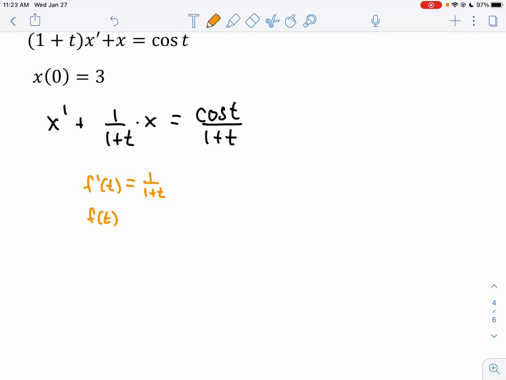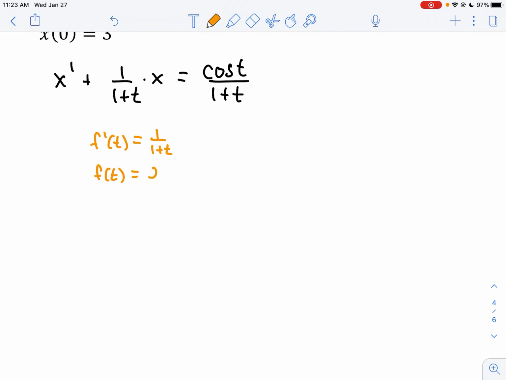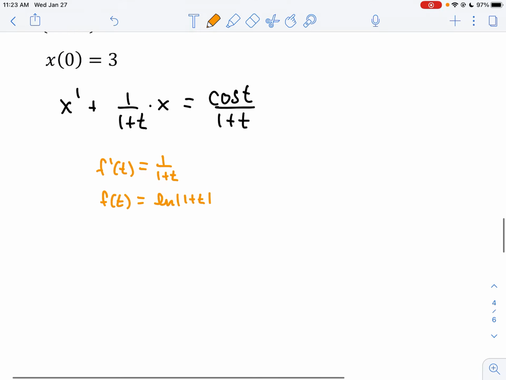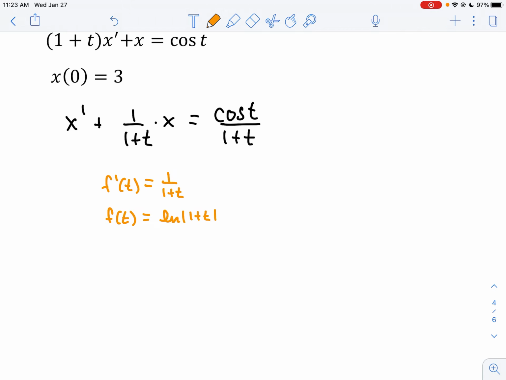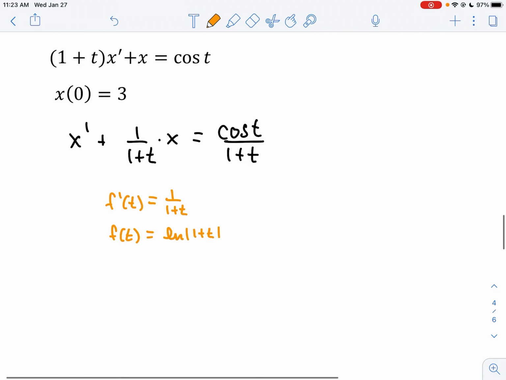So that means f of t, we've got to do an antiderivative here. The antiderivative of 1 over 1 plus t is the natural log of the absolute value of 1 plus t. This is the most general antiderivative.